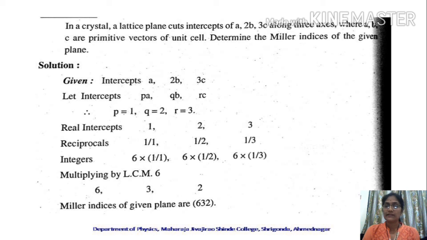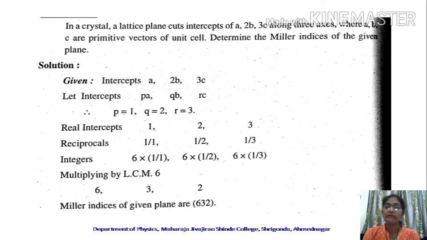Now take this LCM and multiply the reciprocal with LCM, and it will give us 6 into 1 upon 1, 6 into 1 upon 2 and 6 into 1 upon 3.